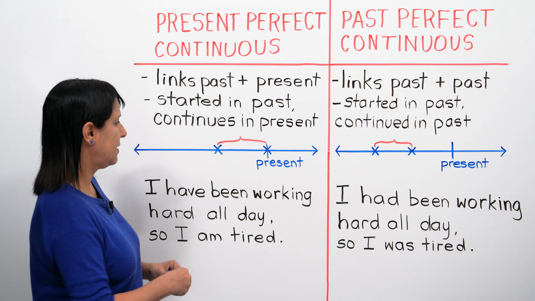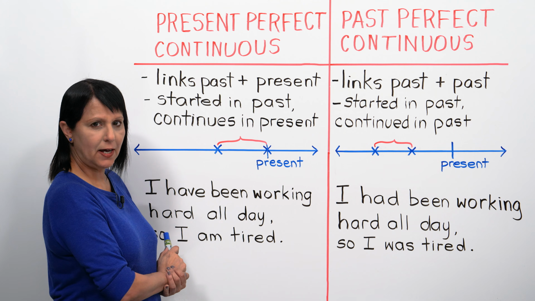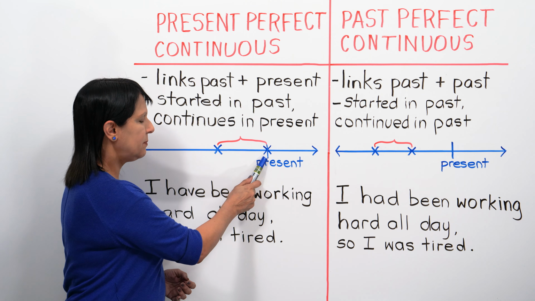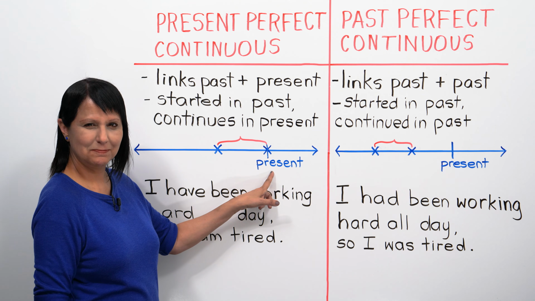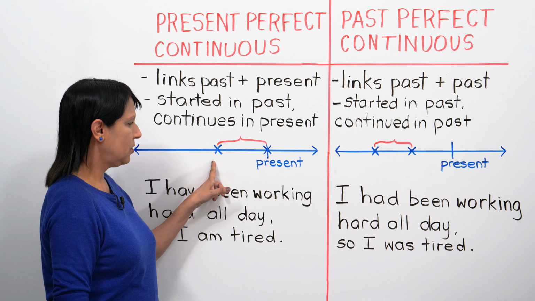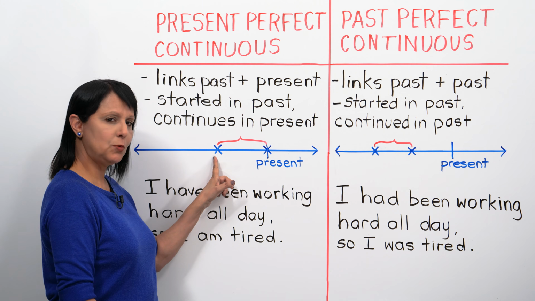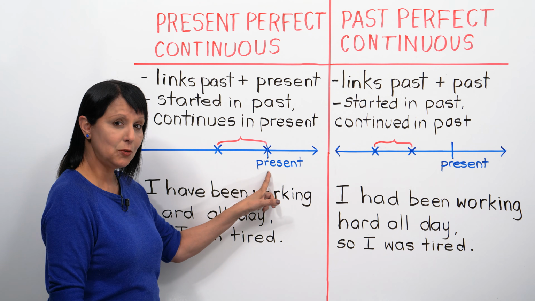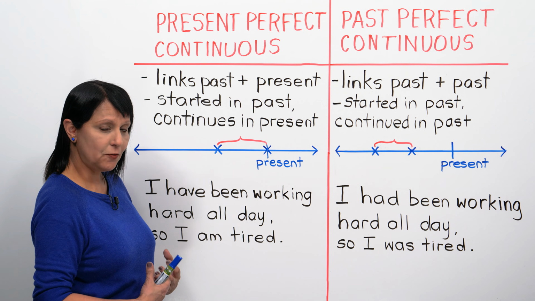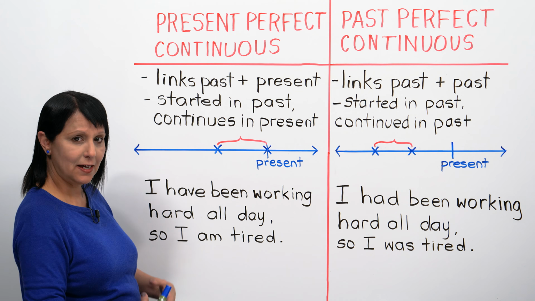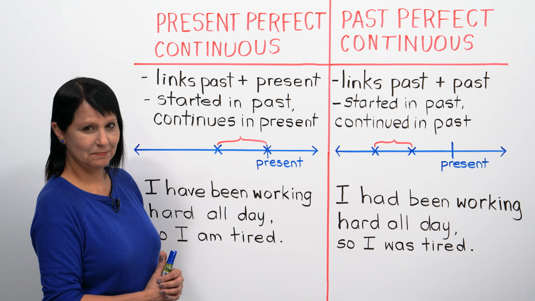What does that mean? I started working in the past, and I'm still working now. So, I have been working hard all day. I started working in the past, and I'm still working now. And therefore, what? I am tired now.